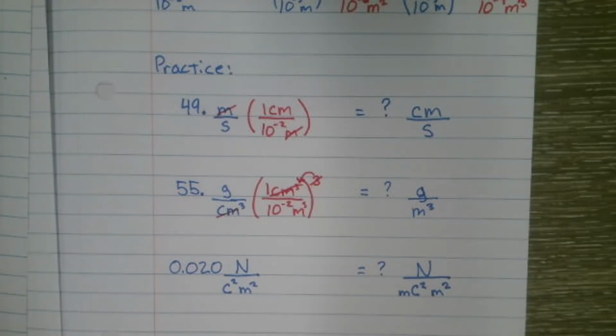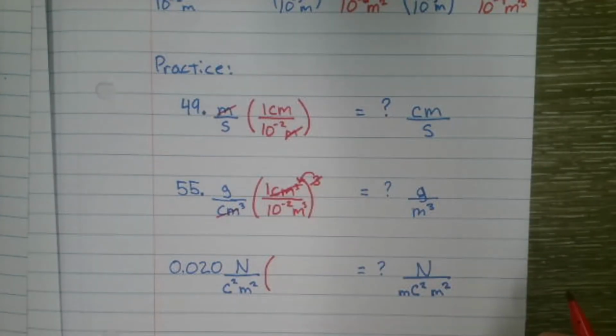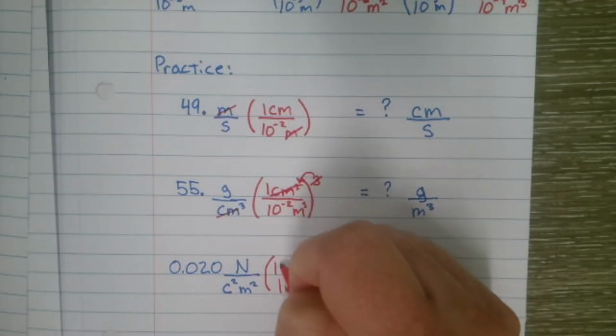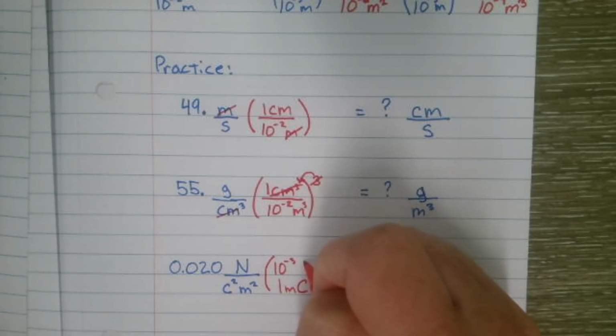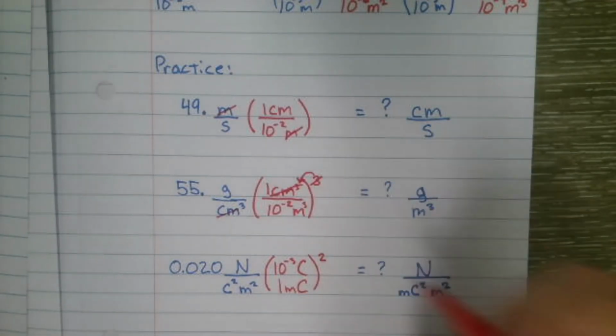Well, every milli of anything is the same thing as 10 to the negative third. Since we're squaring this, we would square.